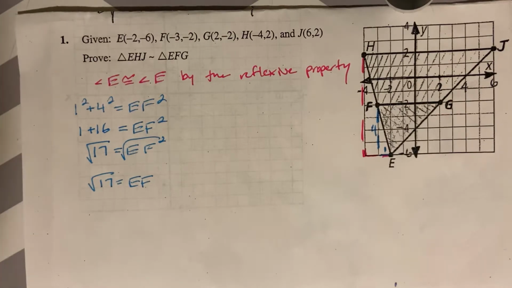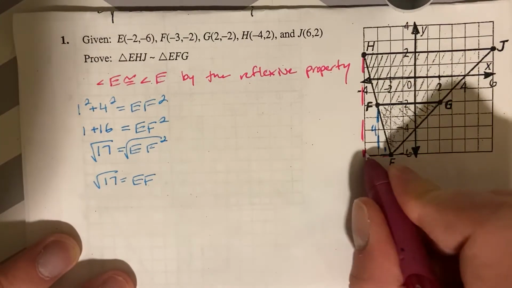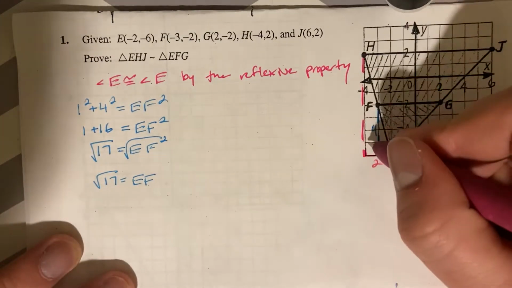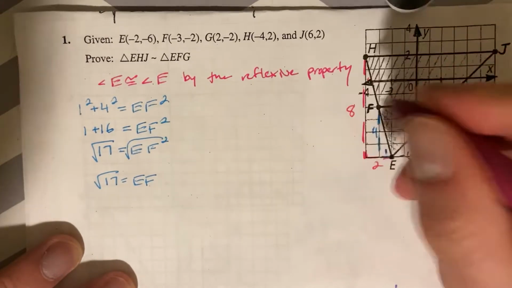Okay, now I'm going to find the length of EH the same way. So here we have 2 boxes, and here we have 1, 2, 3, 4, 5, 6, 7, 8 boxes.